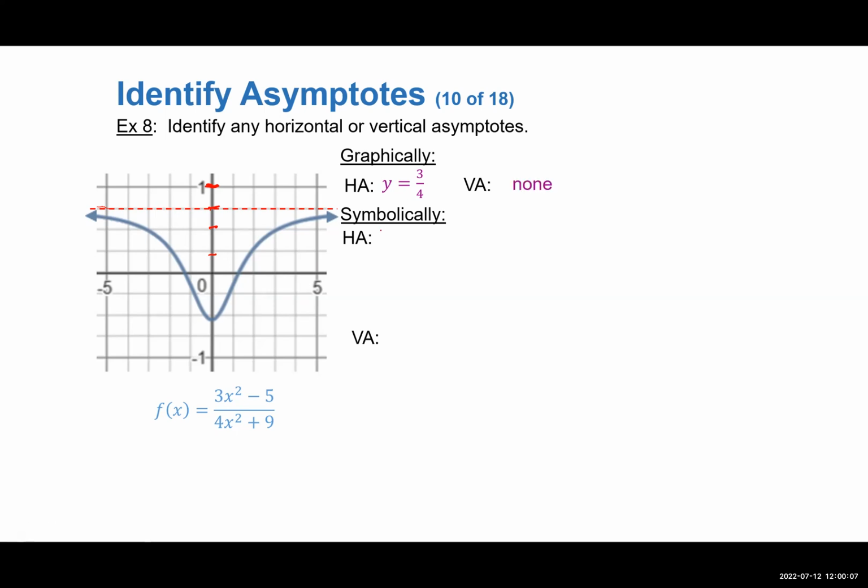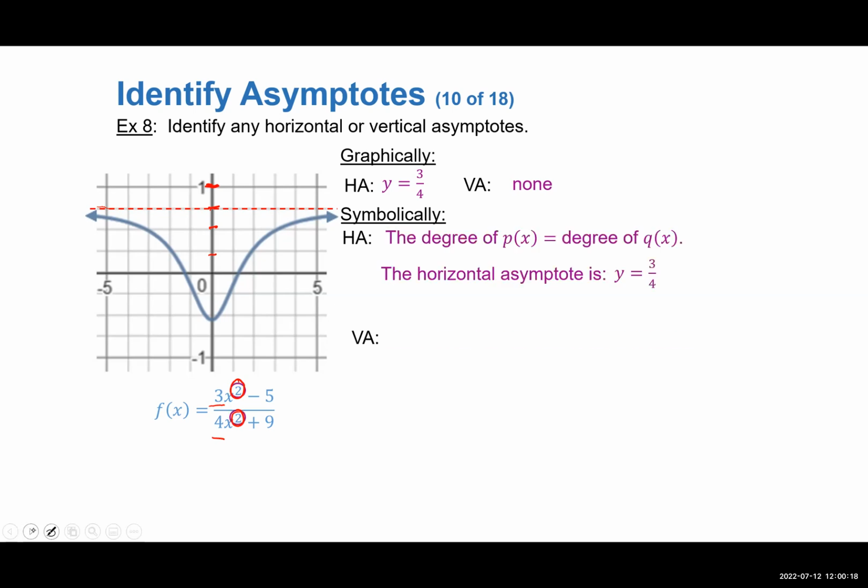Let's do this symbolically. Looking at it, we have the same degree. So we know we're going to take the coefficients, 3/4. The function is in its lowest terms. The way we know that is because it's not factorable. 3x squared minus 5, I can't reduce that. 4x squared plus 9, I can't reduce that.